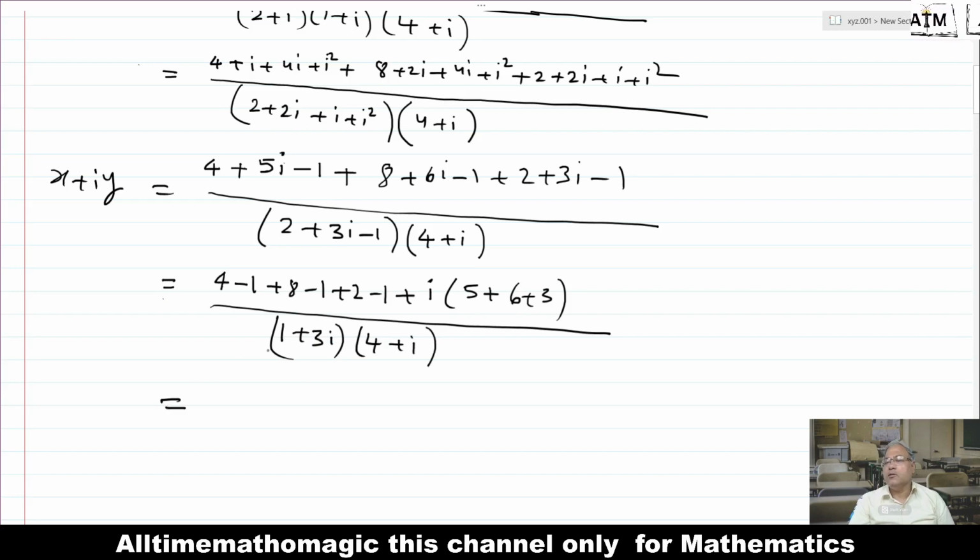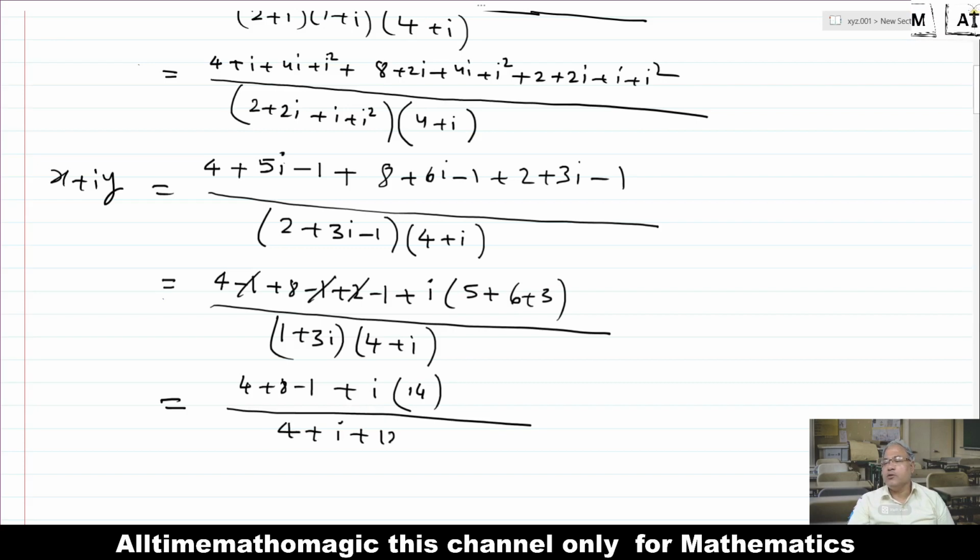So here the minus 1 plus 2 get cancelled, and so we got 4 plus 8 minus 1, and here is 14i. In the denominator we multiply the brackets, open both brackets now: 4 plus i plus 12i plus 3i square.